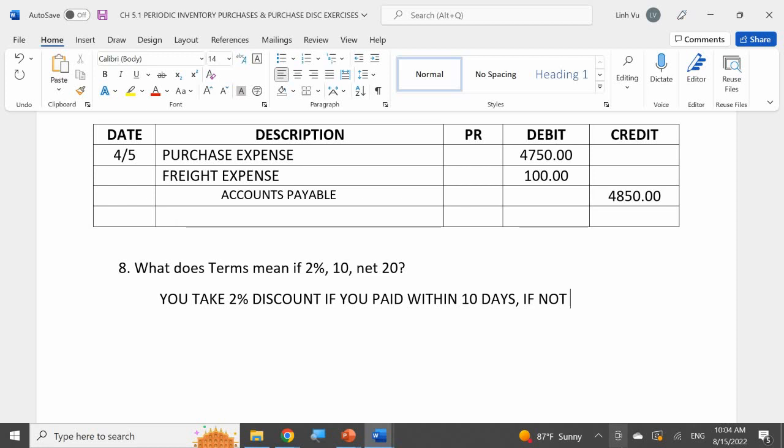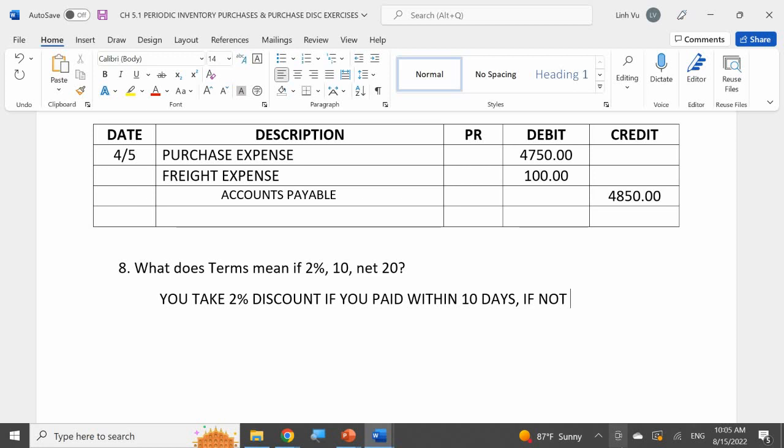So what do you mean days? Upon receiving your bill, for instance, I purchased it on the 5th of April. If I was given these exact terms, 2% 10 net 20, I'm looking at how many days upon receiving the receipt, which is the 5th. It tells you that you bought the items this day and charged your account this day.